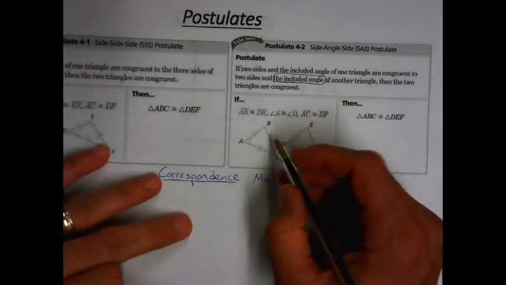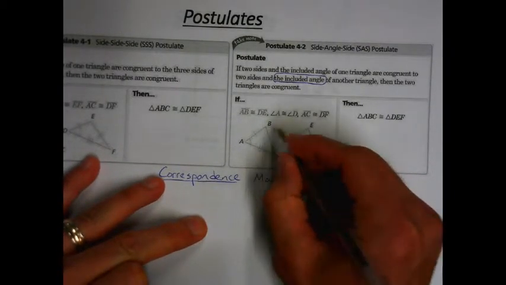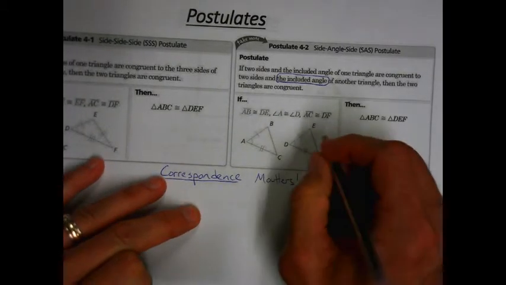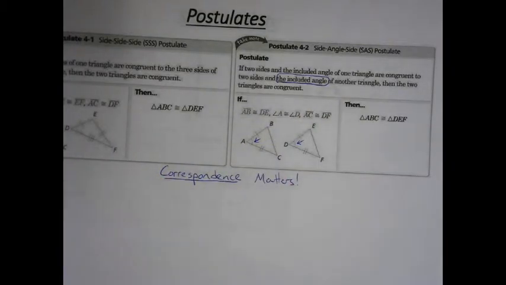So look what's happening in this note. So we have the 1 tick mark here, right? So 1 tick here and then 2 tick marks here. The included angle is between them both. Okay, that's called included. So that's the included angle, and that is so important.